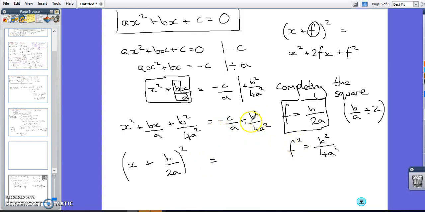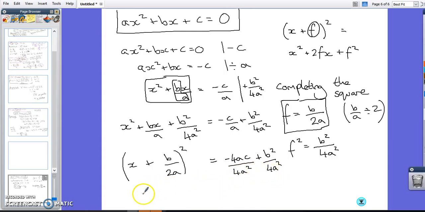And over on this side, I want to bring the two expressions over the same denominator, which would be 4a squared, the lowest common denominator of these two fractions. So this first fraction here would become minus 4ac over 4a squared, because I need to multiply this denominator by 4a, plus b squared over 4a squared.